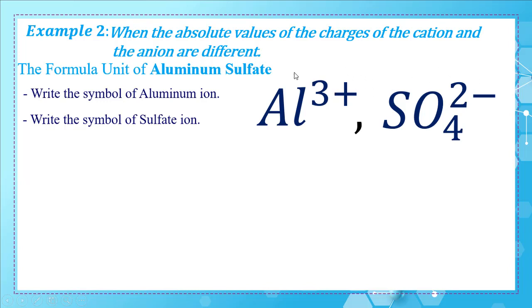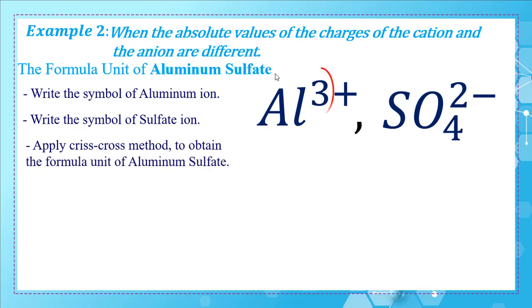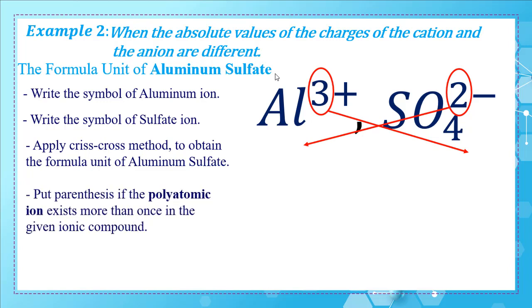In this case, we use the crisscross method. So, number 3 will be a subscript for the anion, and number 2 will be a subscript for the cation. We cross plus and minus in the formula unit to get the formula of aluminum sulfate.